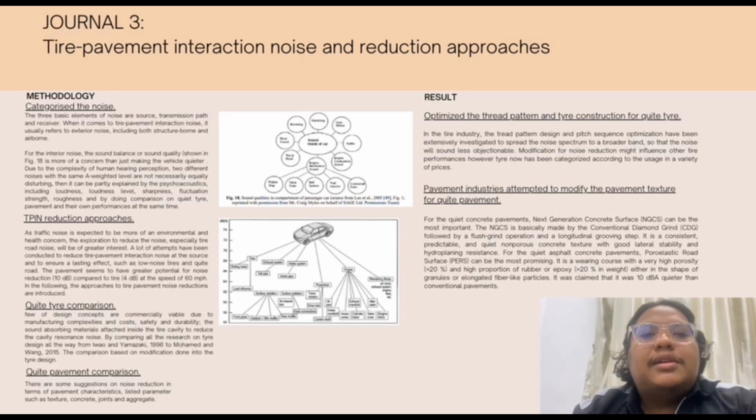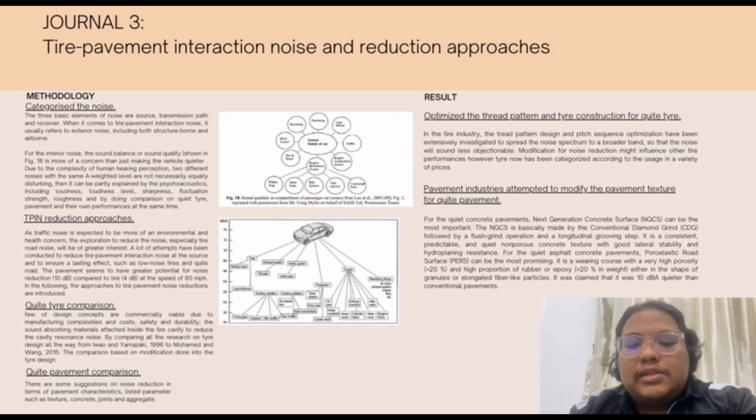Next, the TPIN reduction approaches. TPIN stands for Tire Pavement Interaction Noise. As traffic noise is expected to be more of an environmental and health concern, the exploration to reduce the noise, especially tire road noise, will be of greater interest.